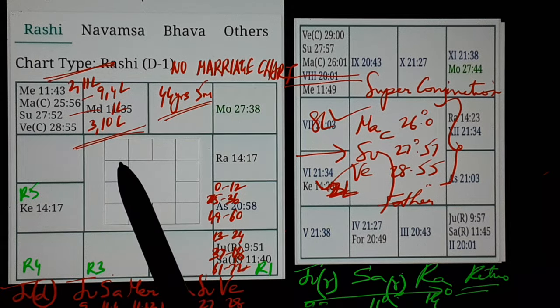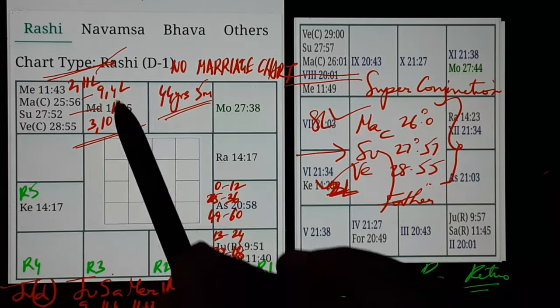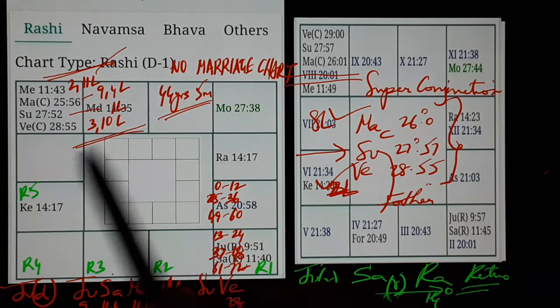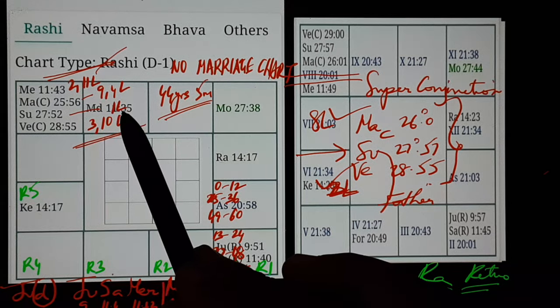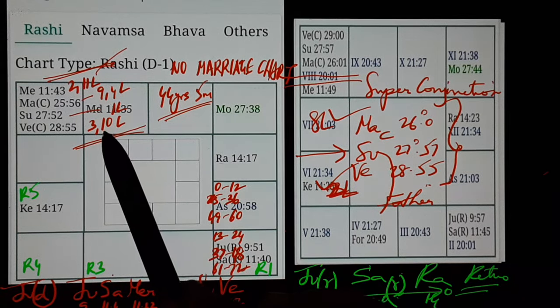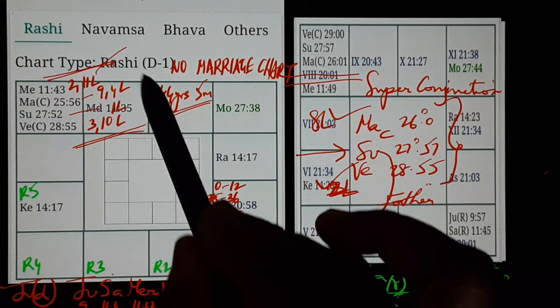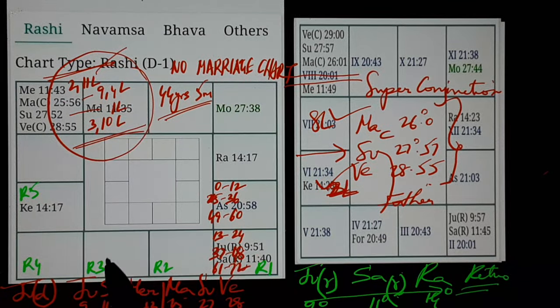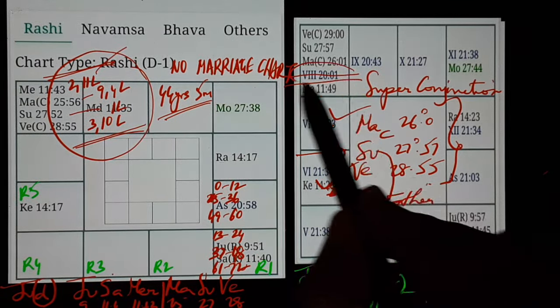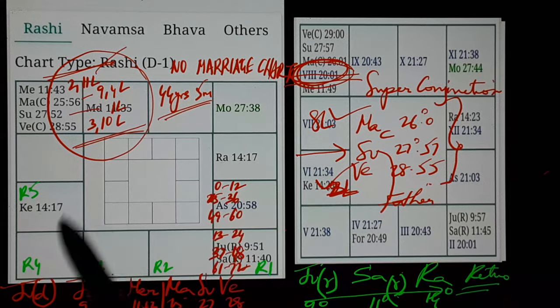Beautiful Dhana Yoga formation by Mercury, and also 4-10, 9-10, and all these yogas with the Lagnadipati, but still there is no promised delivery in this chart to this native because of the shifting of all the planets to the 8th house, and this is really a painful situation.